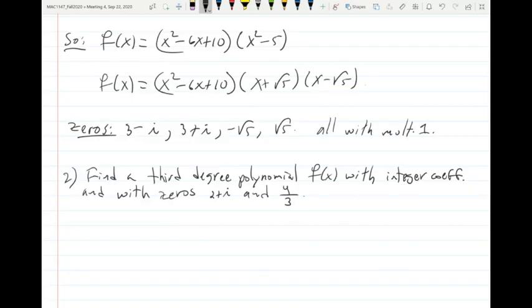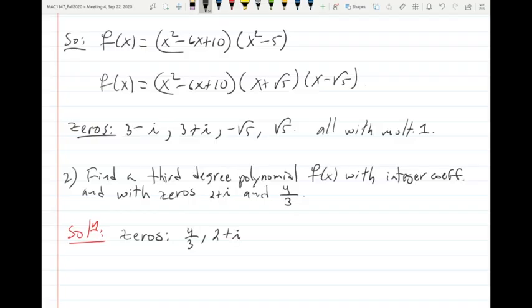Okay. So how do we answer a question like this? We may construct the polynomial if we know the zeros, and we know that we want a third degree polynomial, so we need to have 3 zeros, right? Can anybody tell me what the zeros of this polynomial are? We already know 2 zeros. We know 4 over 3.